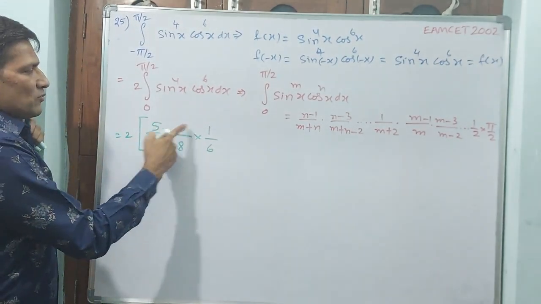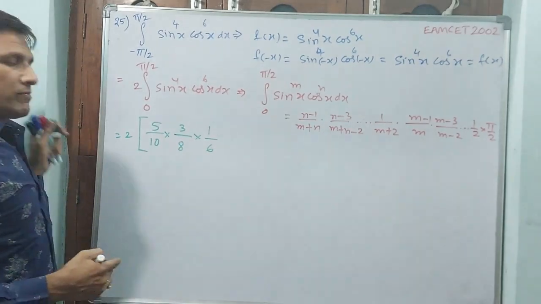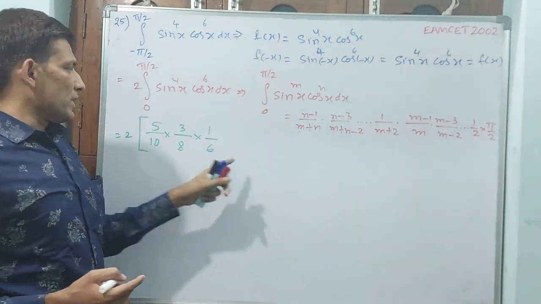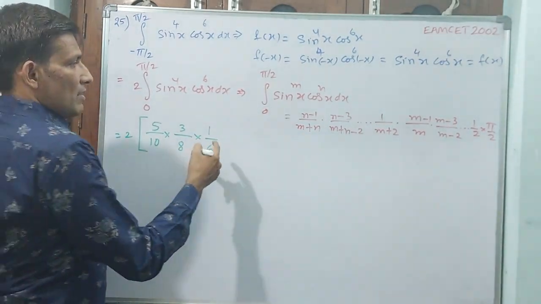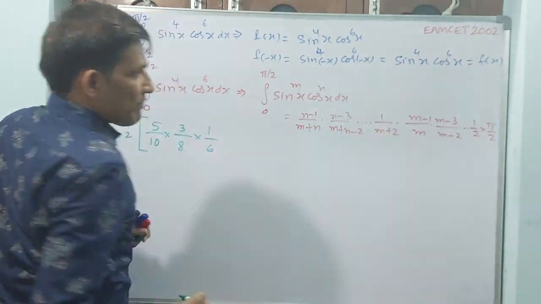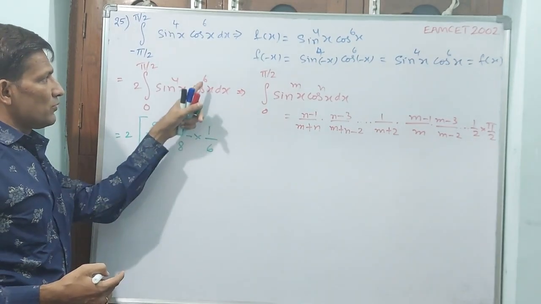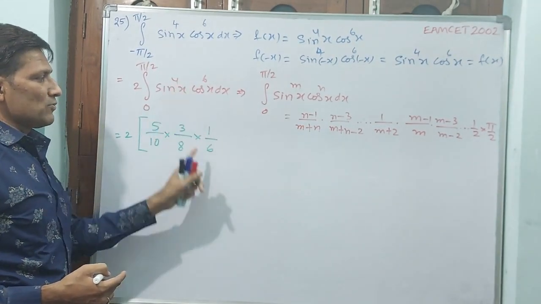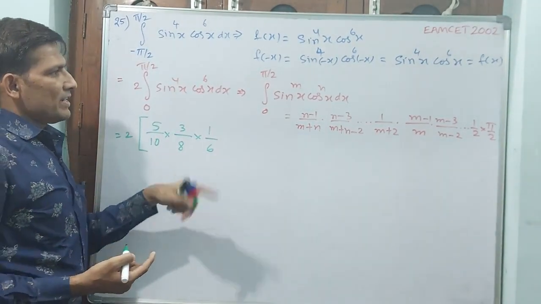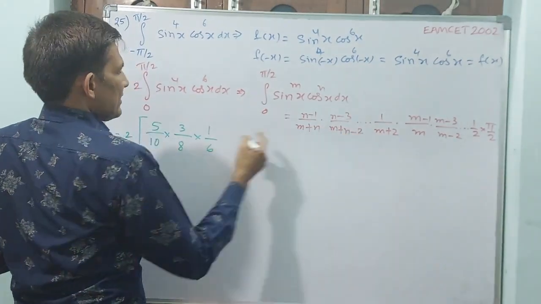Why? Because minus 2 minus 2 minus 2. 1 by m plus 2 has reached, m is 4 plus 2, 6 reached. That is why you should not take it again.